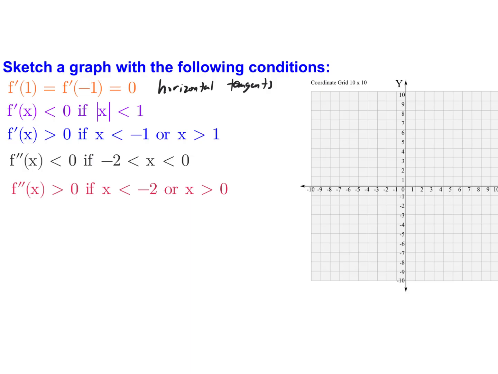This next line is telling us, since the first derivative is negative, what is this really saying? The absolute value of x is less than 1. What is x between? X is between negative 1 and 1. That's what that's really saying. Okay?